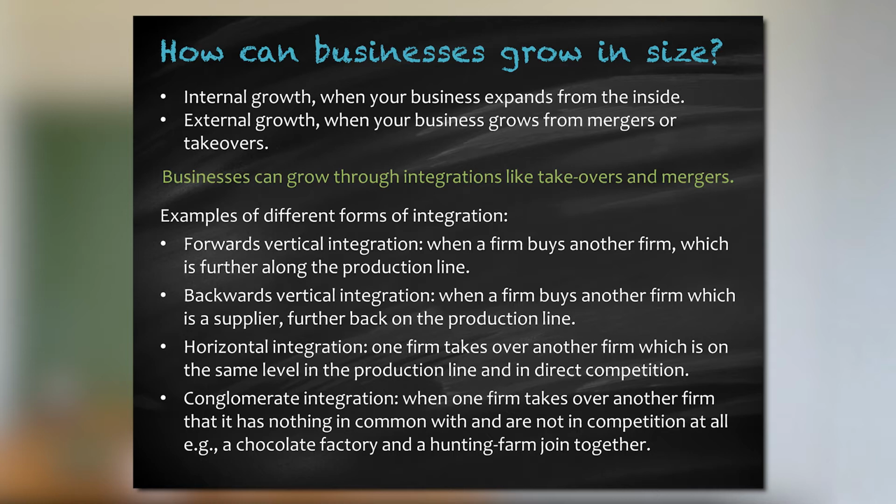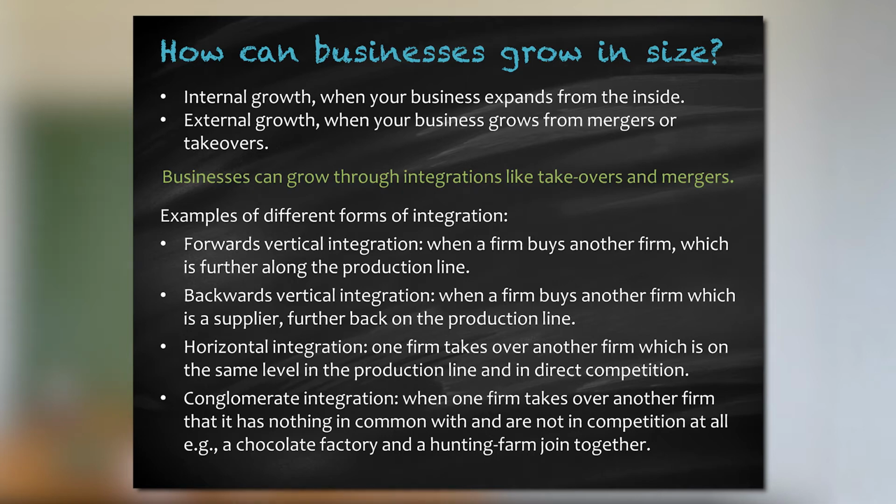Then there is also horizontal integration, and there is conglomerate. You will see some textbooks also have lateral integration, but for your syllabus, you will only do conglomerate, horizontal and vertical integration.